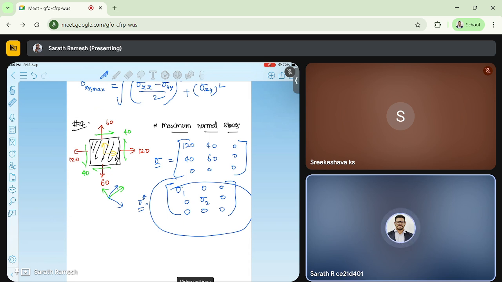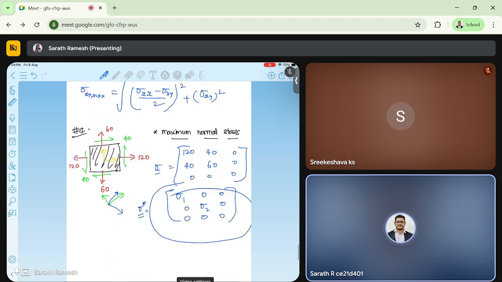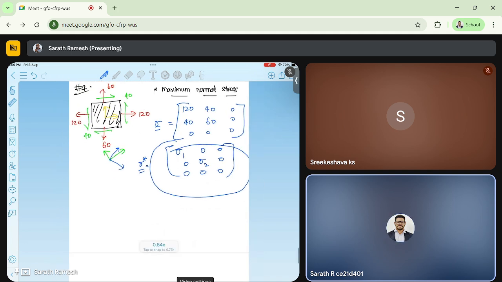Now, we are going to find what that basis is. Here we already have the expression, so we can directly substitute. So first, sigma 1 is (sigma xx plus sigma yy) by 2 plus or minus the square root of ((sigma xx minus sigma yy) by 2) whole square plus sigma xy whole square.